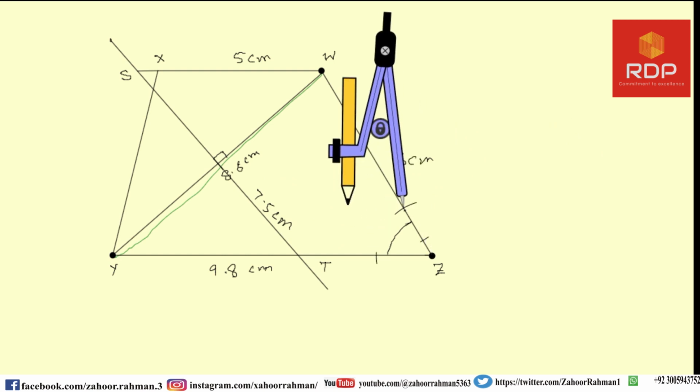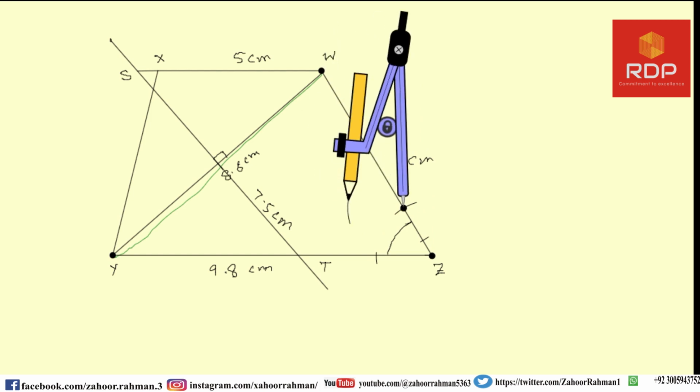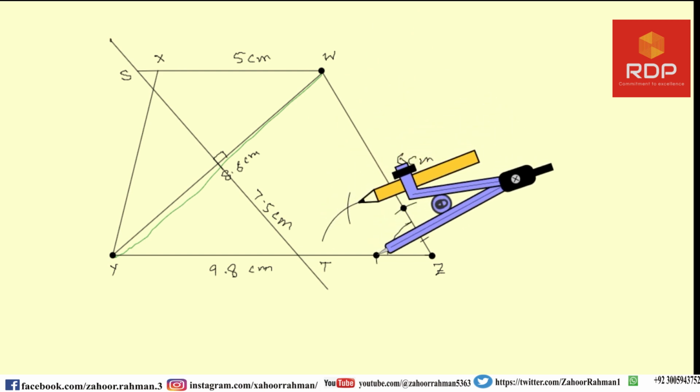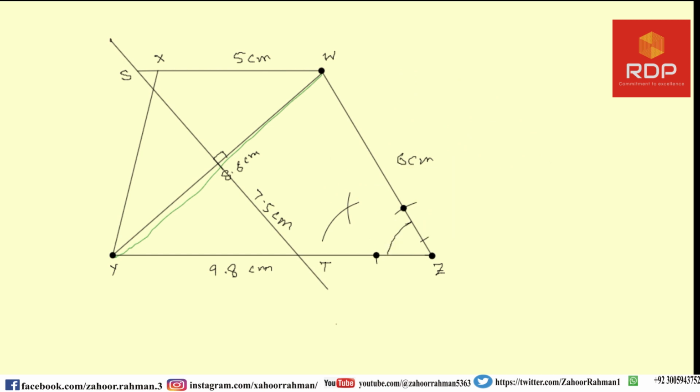Put it here and draw an arc. Next job is to put it here and draw an arc here as well. So now let me remove it and draw a line perpendicular till here.